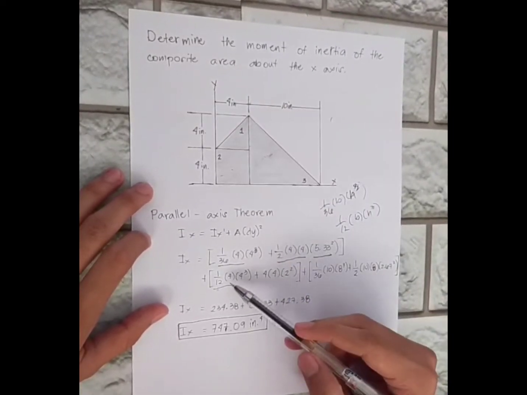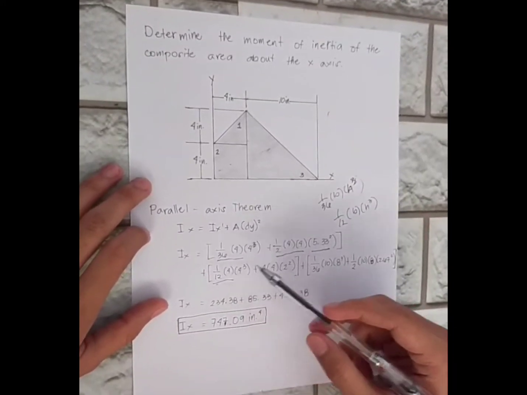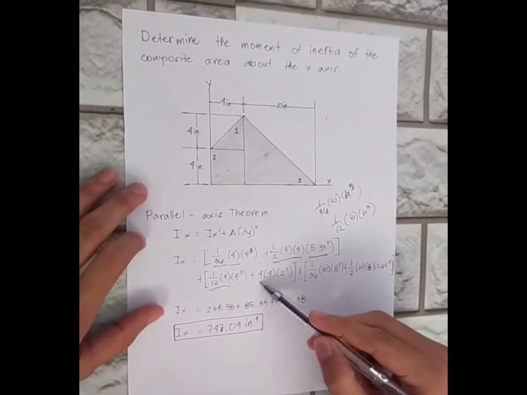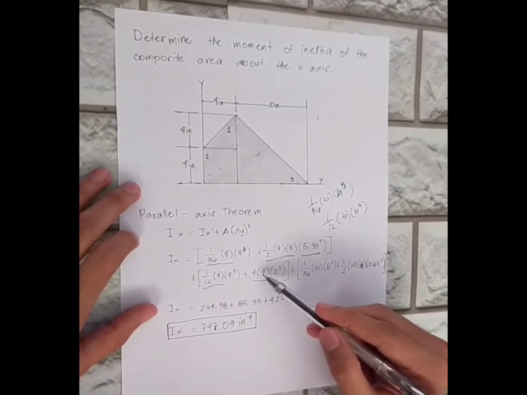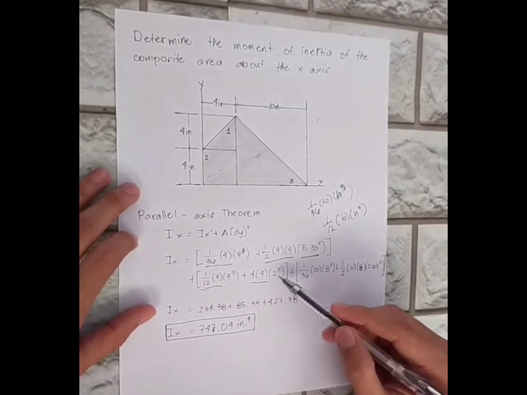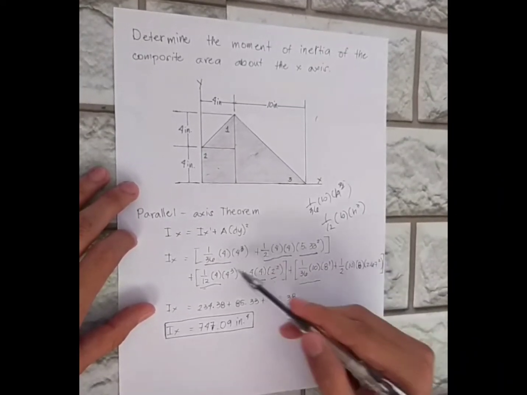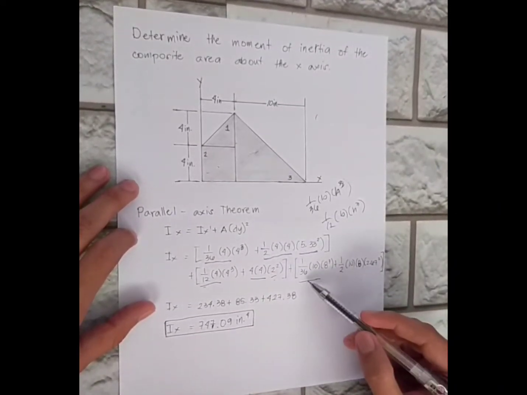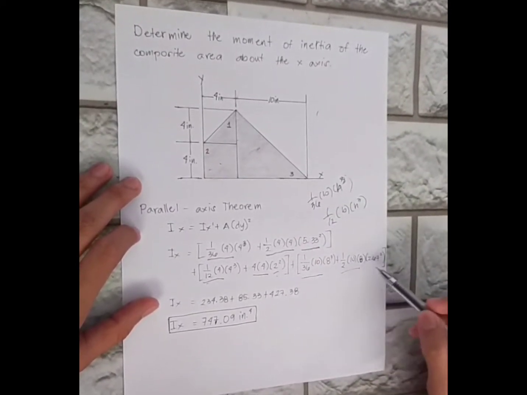That's why I'm using this formula in applying the parallel axis theorem. The area is base times height, 4 times 4, and the Ix. And same as the first triangle, I use 1 over 36 base times height cubed, the area, and the Ix.